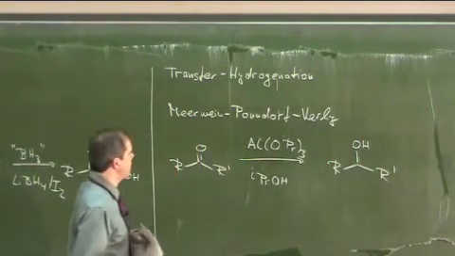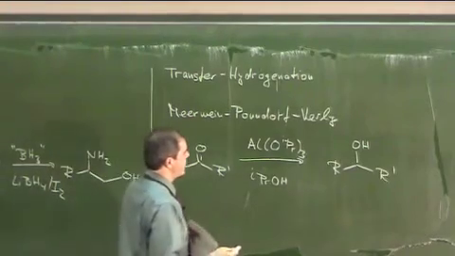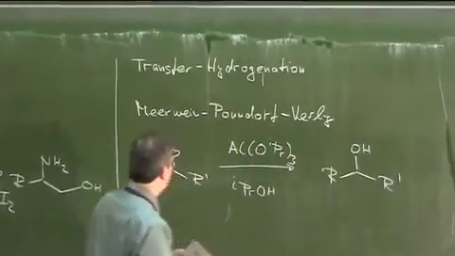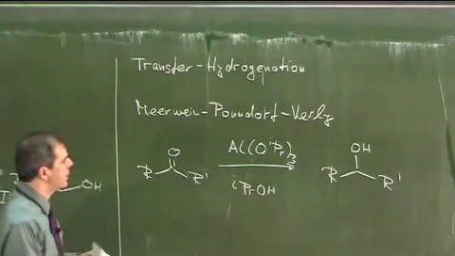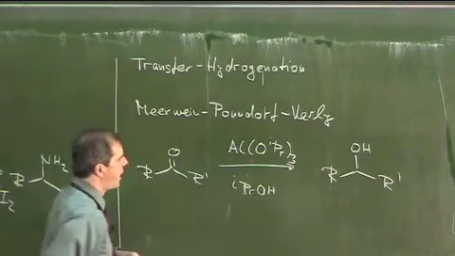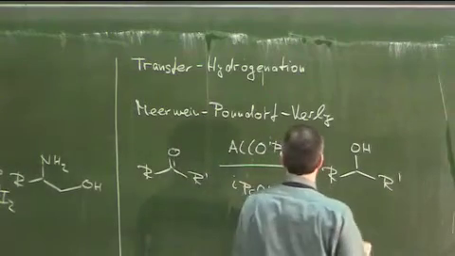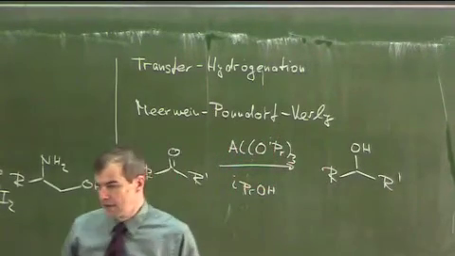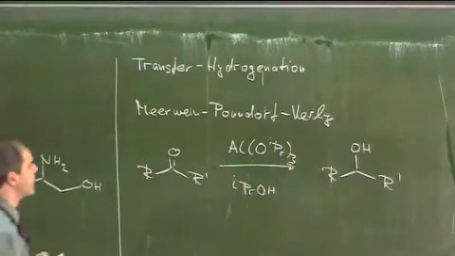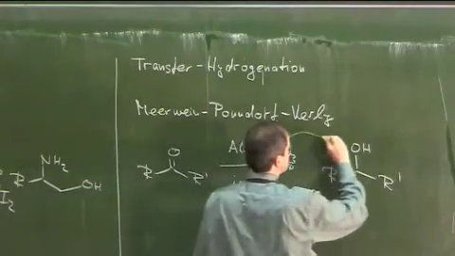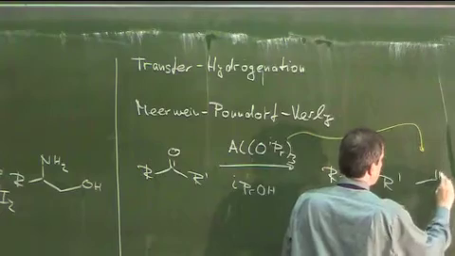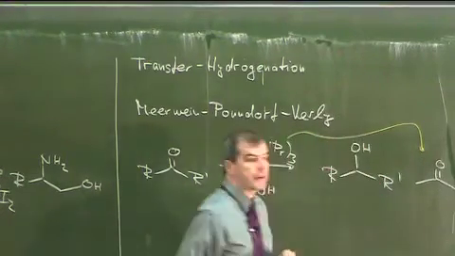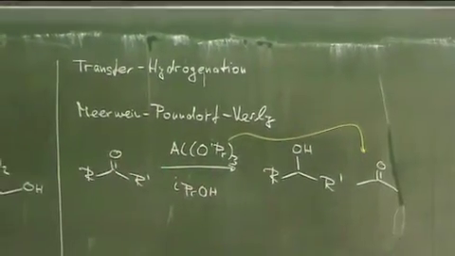And you will establish basically an equilibrium of your reduced alcohol and the isopropanolate will get oxidized in the process forming acetone.